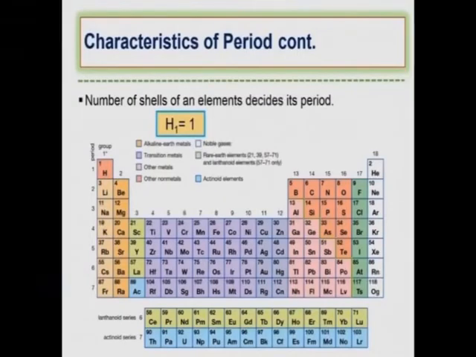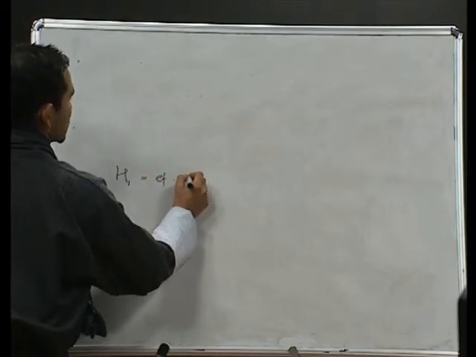Now second, let's talk about the number of shells of elements in a period. For example, let's say hydrogen. We can easily find out how many shells it has, and it also describes in which period it lies. If you take hydrogen, it has electronic configuration 1.